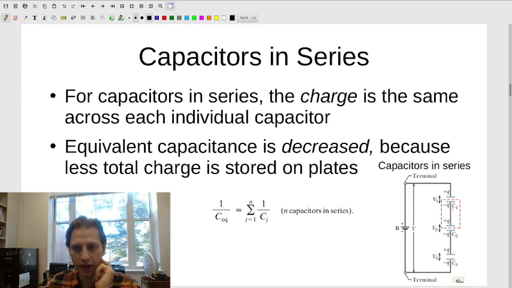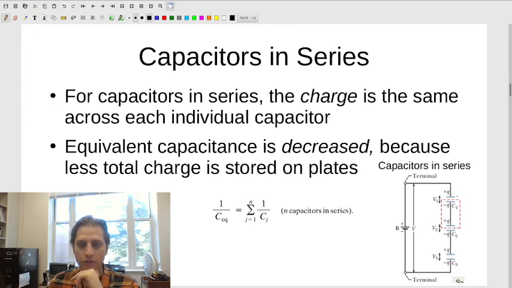So because of that, we know that the total charge on each one of these capacitors, I mean the charge on each plate, is going to be the same. And because of that, the equivalent capacitance is decreased for the entire thing.